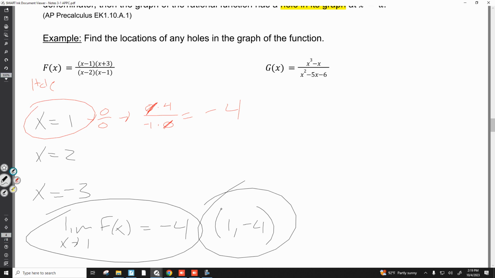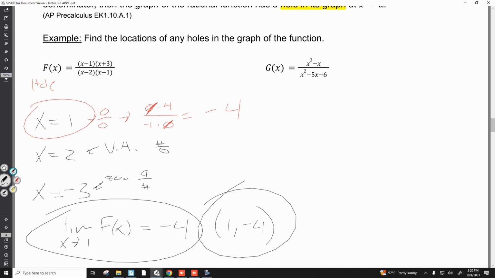It's a 0. Why? Because 0 divided by anything is 0. This is why, and this is you guys understanding the lesson. This is a vertical asymptote because you get a number over 0. This is a 0 because you get 0 over a number. This is a hole, 0 over 0. You have to find the location.